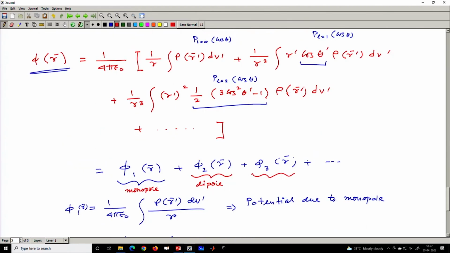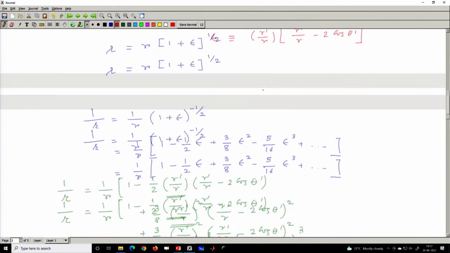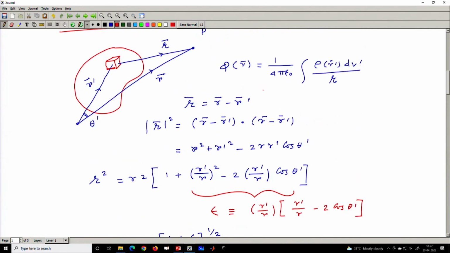So, that means when I have a distribution of charge, then whatever the potential it is exerting on some point r, that is the summation of all the charge distribution here, and systematically we find that it is a contribution of the monopole here, a contribution of the dipole here, a contribution of the quadrupole here, and so on.